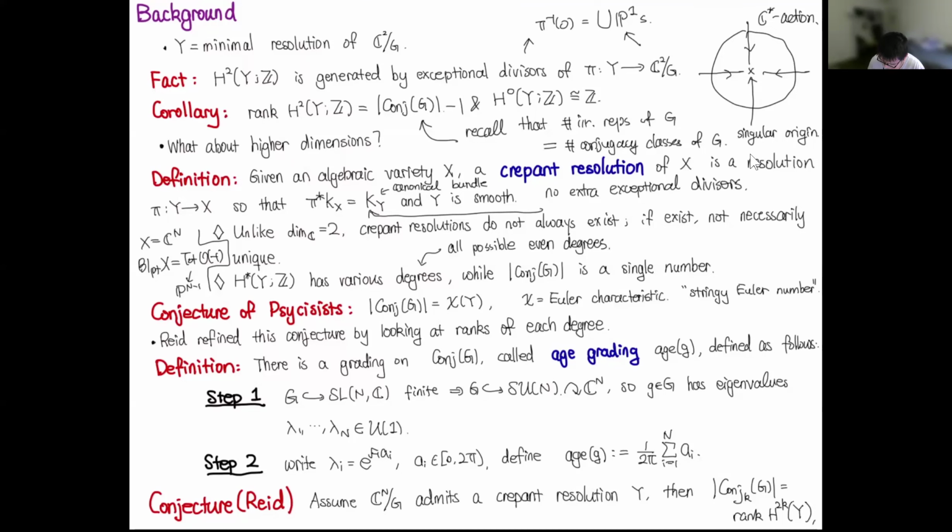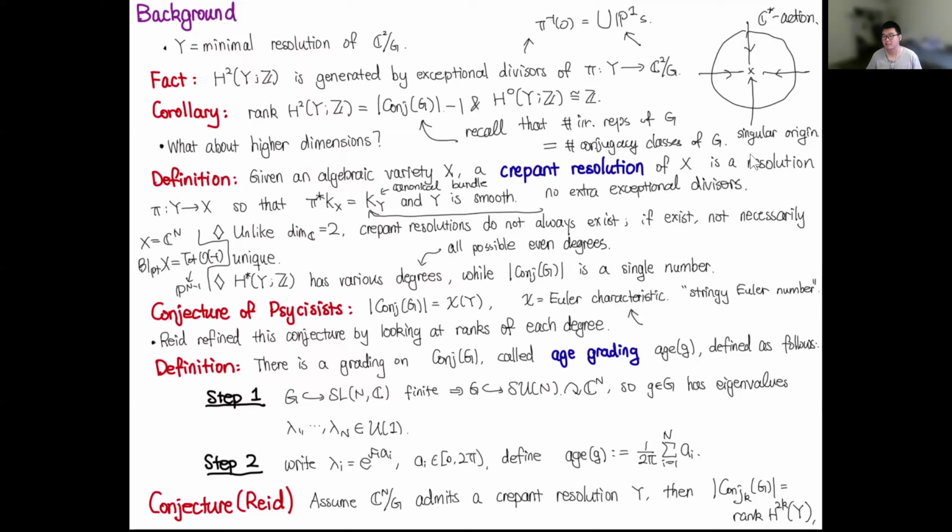It is true in dimension 2 because it only has H0 and H2, there is no H1, and H0 has rank 1, H2 has rank the number of conjugacy classes of G minus 1, so when you sum them up, you get the number of conjugacy classes.